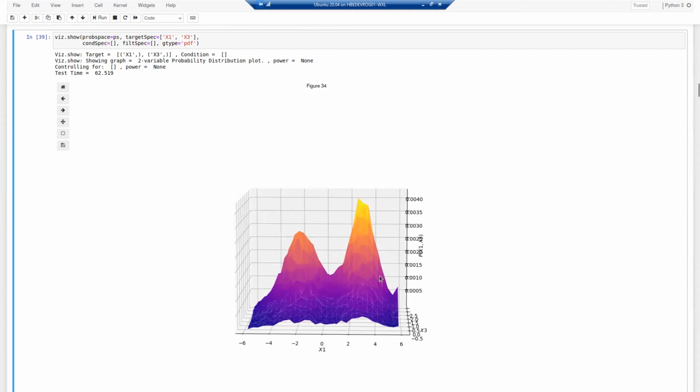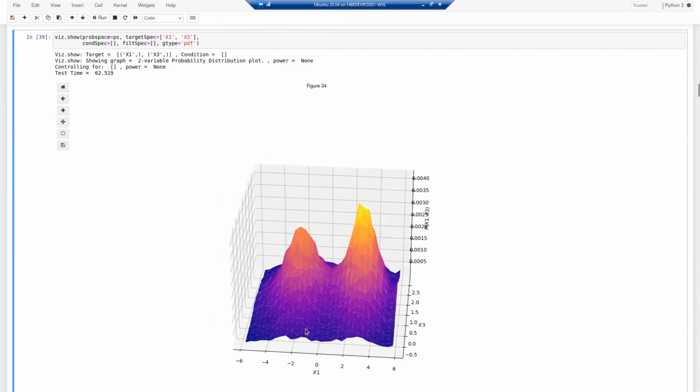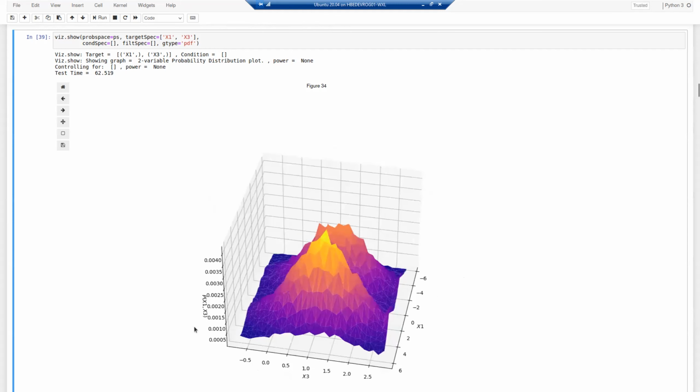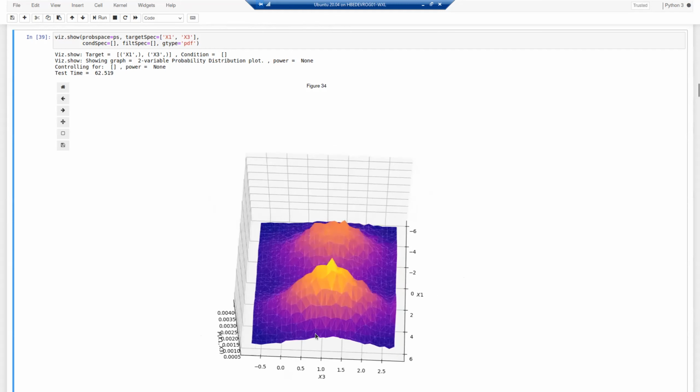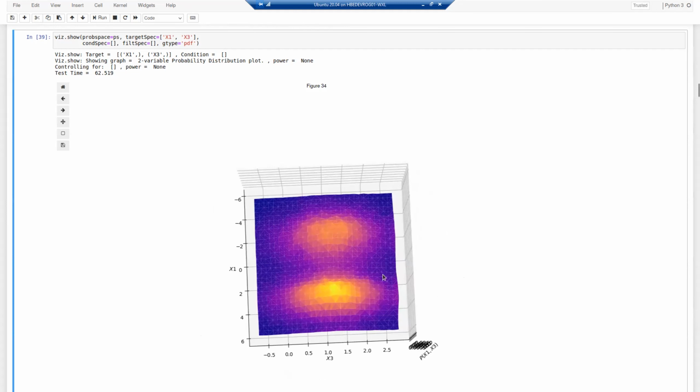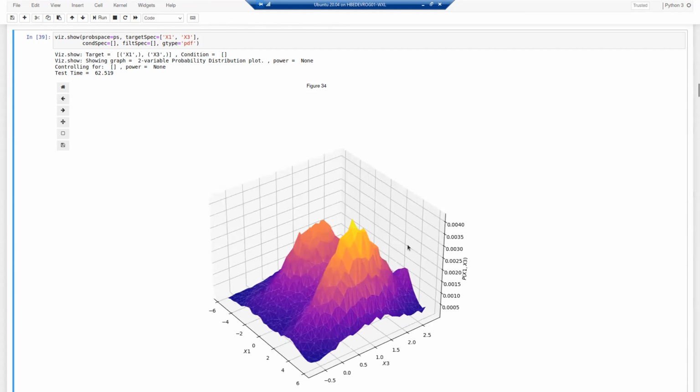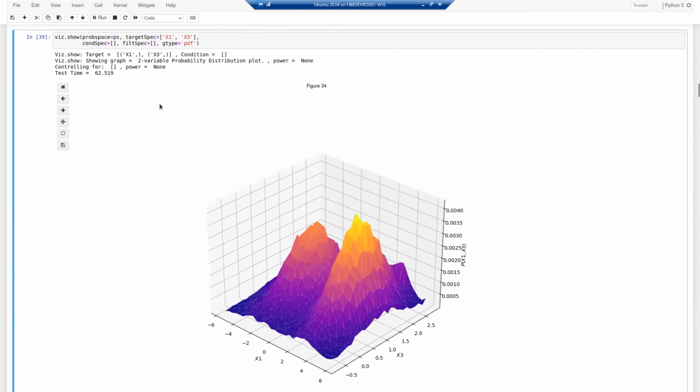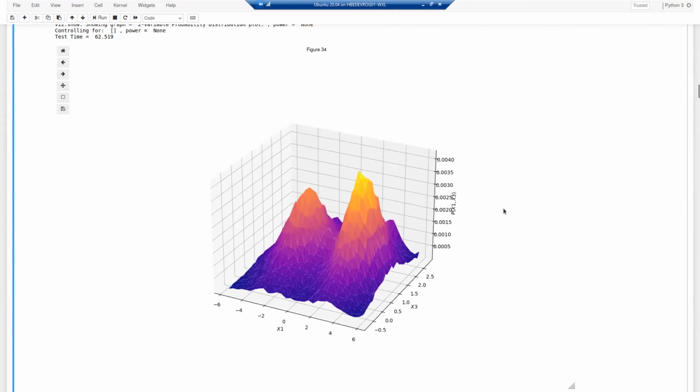So that's an interesting aspect of joint distribution plots. The other important aspect is that if you look at it from the top, you notice that there's no diagonality here. You can see things happening from left to right. You can see things happening from top to bottom, but there's nothing happening on the diagonal. And that is a sure indication that these variables are independent. And in fact, these two x variables, x1 and x3, are independent of one another.